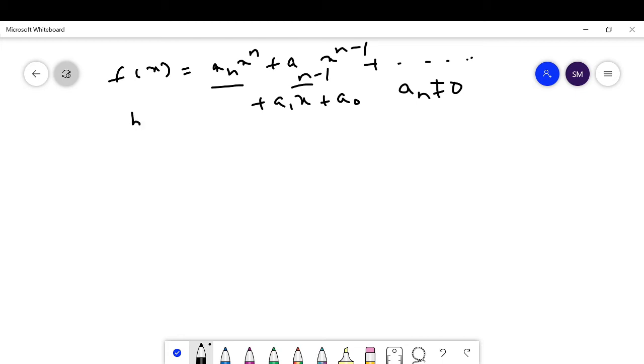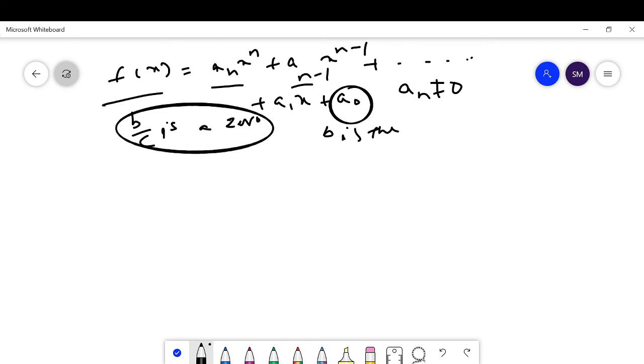Then b by c is a zero of polynomial f(x) when b is a factor of the constant term, which is a0, and c is a factor of the leading coefficient, which is an.